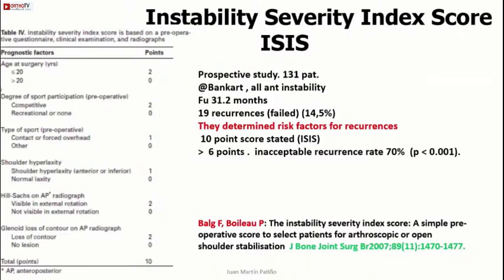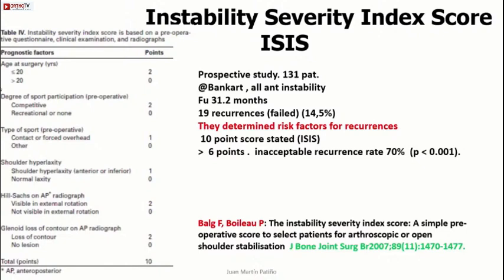Another important tool for preoperative planning is the Instability Severity Index Score, so-called ISIS. In this paper, Balg and Boileau, in a prospective study, evaluated 131 patients with arthroscopic Bankart, all with anterior instability. They found 19 cases of recurrence. They determined risk factors for this recurrence and stated a 10-point ISIS score.